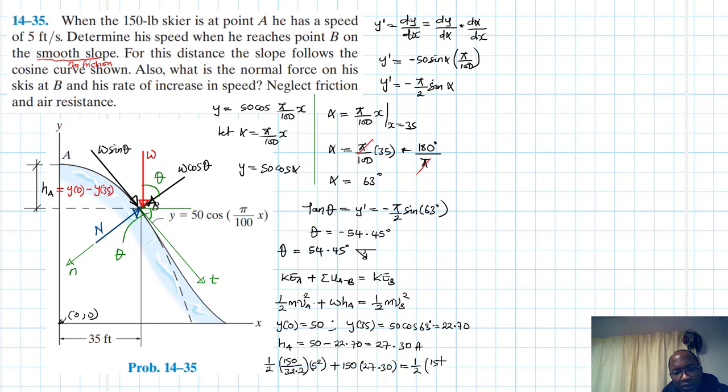M again is just 150 divided by 32.2, then times VB squared.